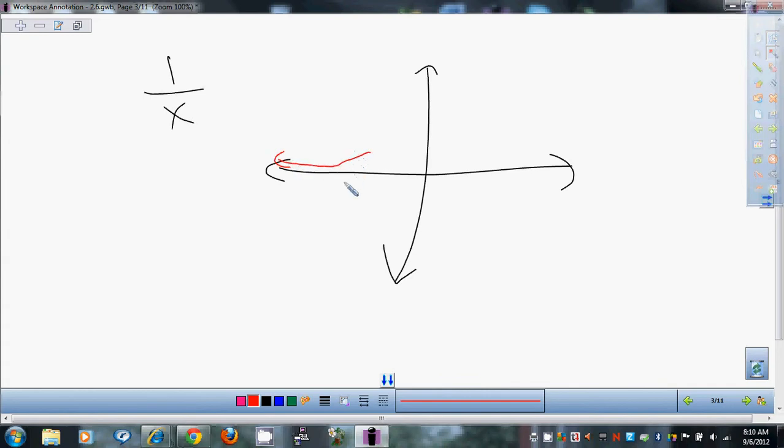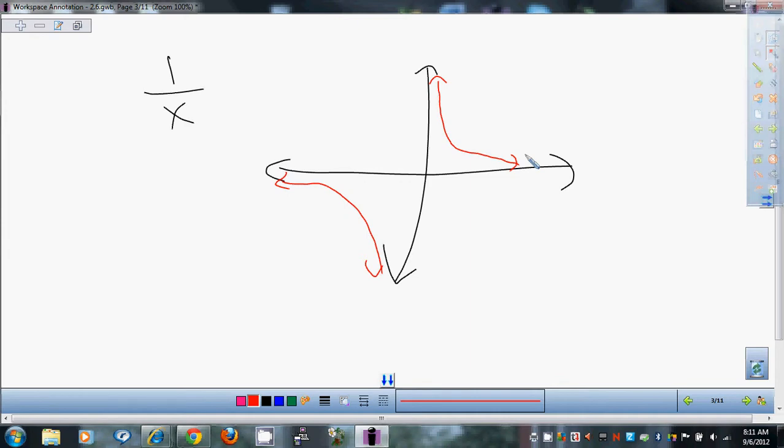It's going to look almost the exact same as 1 over x squared, except this piece is going to be down here because it's negative. Whereas with x squared, the squared made it positive and therefore above the x-axis. On 1 over x, it'll be below. Now that's a very rough sketch, but that's the general shape of it. And you can plug in points for x and y and get more accurate coordinates, but that's the general shape.